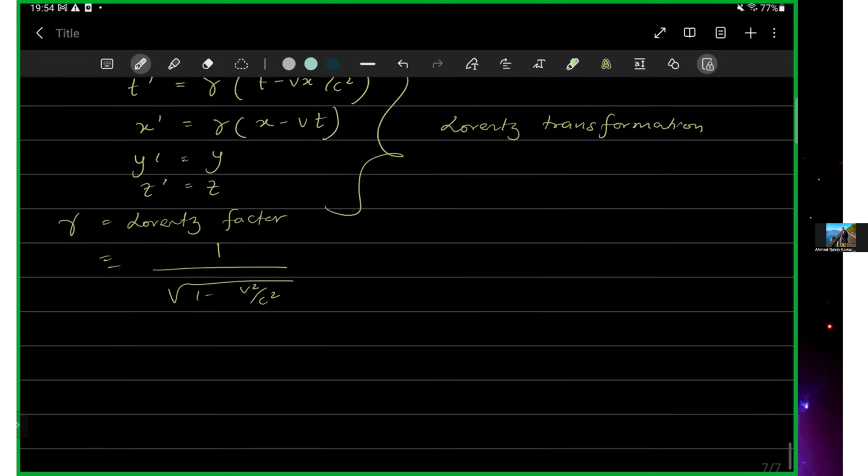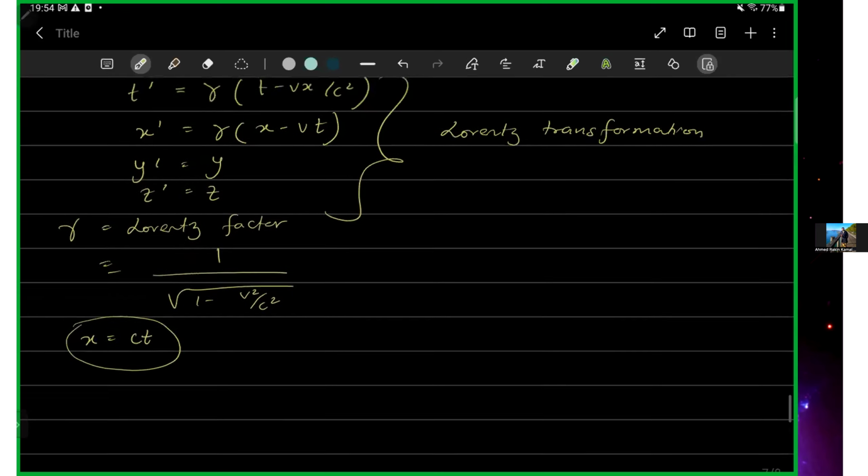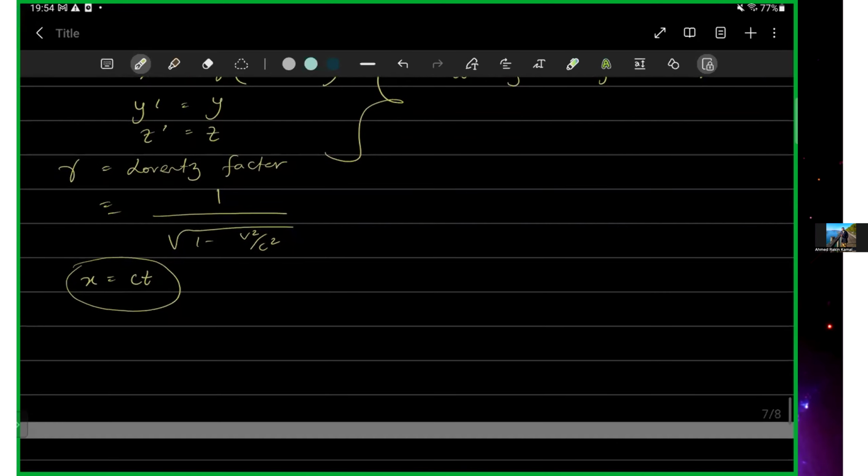Now, consider that you have light, and light is traveling in the x direction. So in that case, the light ray would obey x equals ct, right? Now, what we can do is plug this into the transformation equations, and see what it would be in S prime.